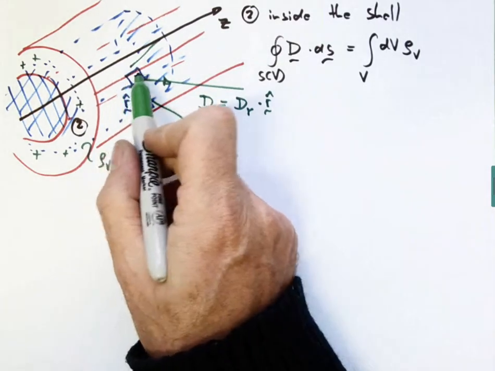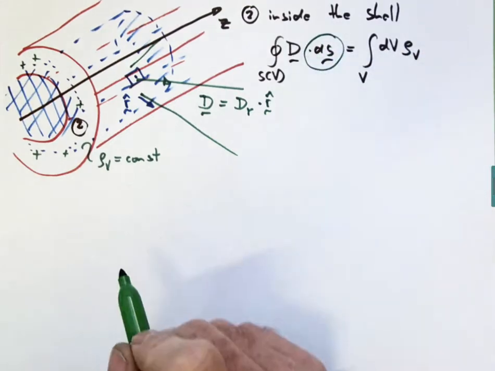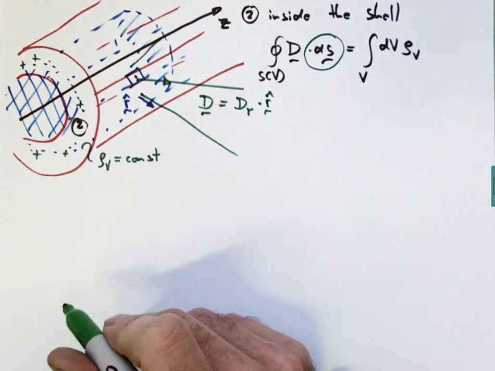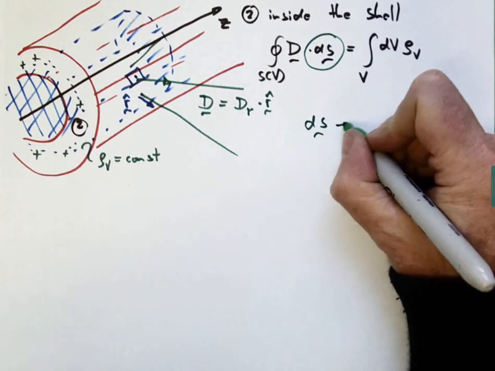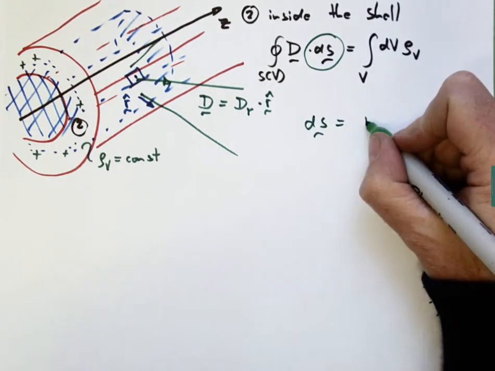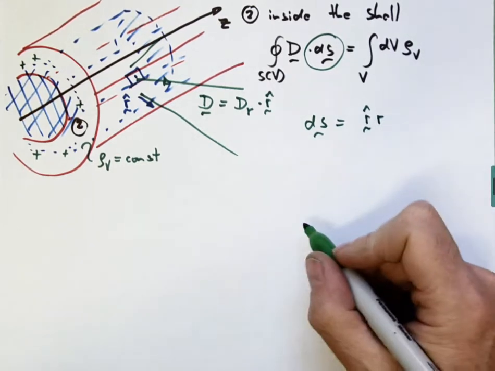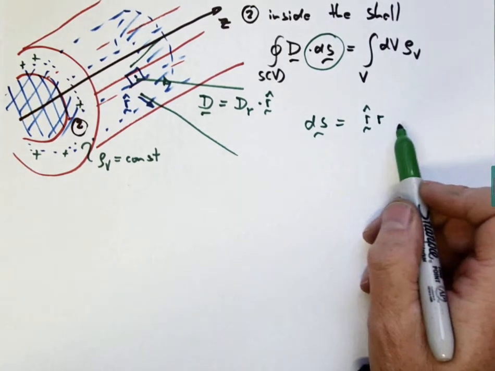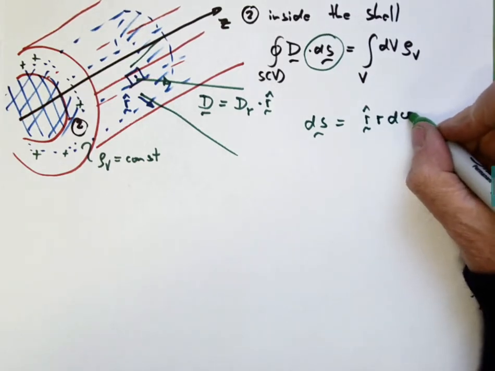The surface differential that applies here, this dS, is the same as in our solution of part 1. dS in cylindrical coordinates points into the r direction. It includes a constant factor r, which is the radial coordinate, and then we have a d phi integration and a dz integration.